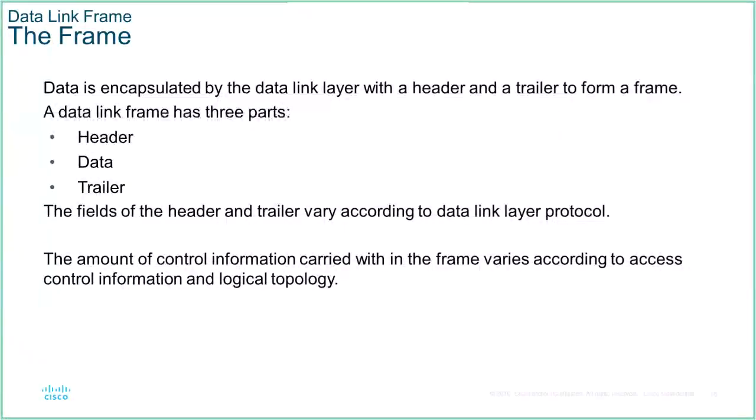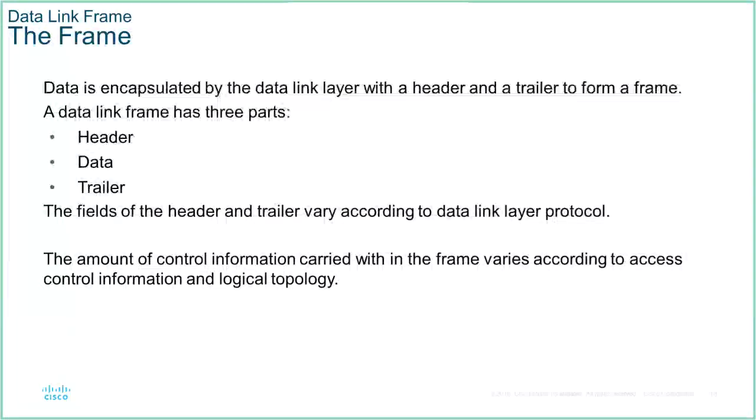And in the frame, the header is where we basically have our source and destination information for layer 2. The data is the packet that we're transporting, and the tail is basically the CRC check and stop a frame.